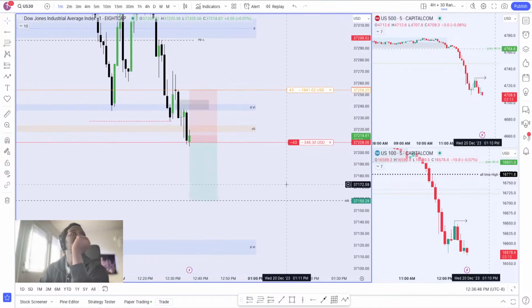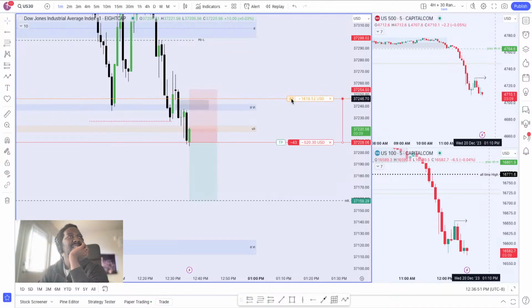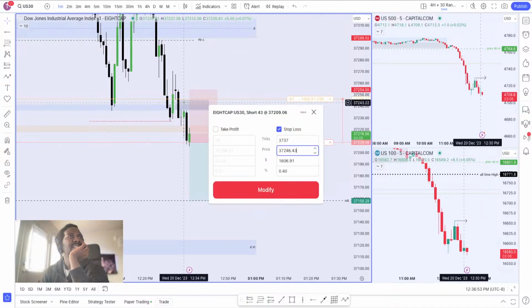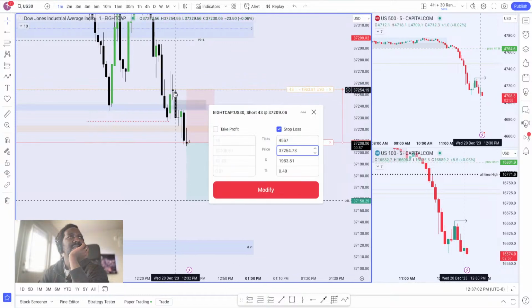Now, should I do it? My stop loss, I can just have it at this fair value gap right there. But let me just have it above the candle that has that fair value gap.